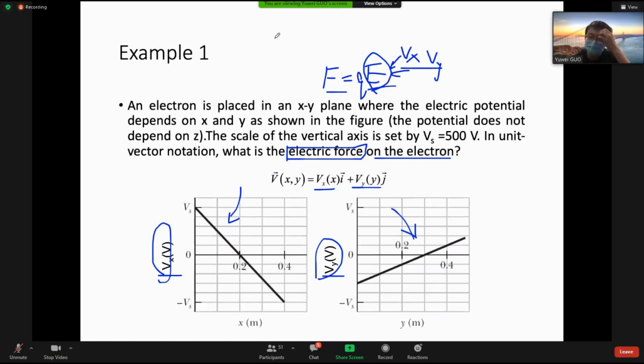Any response? If you have any question, you can type in the chat box.